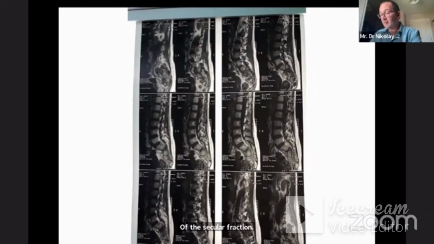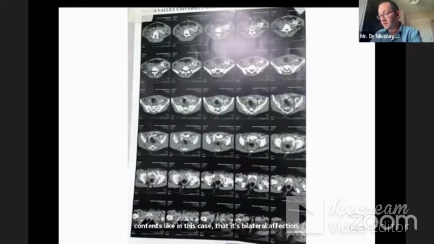You need to be aware that this means, if there is incontinence, like in this case, that there is bilateral affection of the nerve supply for the bowel. Those are the other cuts of the CT that show the significant stenosis around the fracture site.